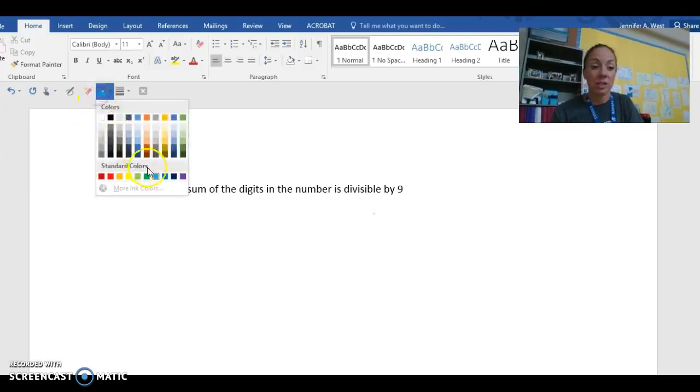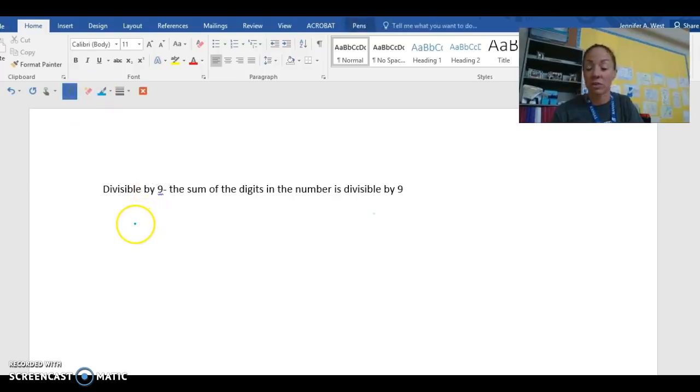So let's take the number 1,026. If we add 1 plus 2 plus 6, let's see, 1 plus 2 is 3, 3 plus 6 is 9. Is the number 9 divisible by 9? Definitely. So that means 1,026 is divisible by 9.